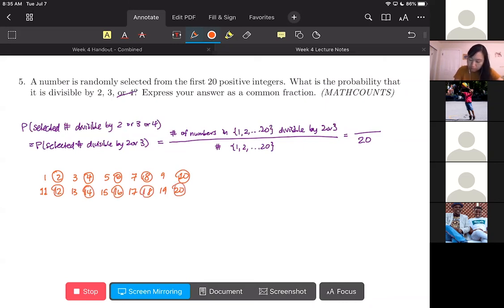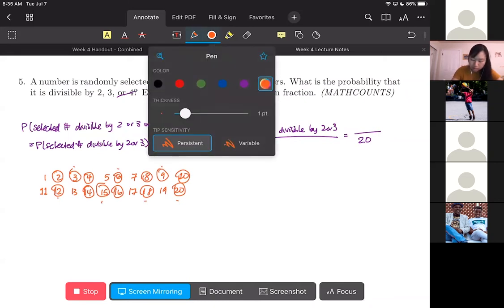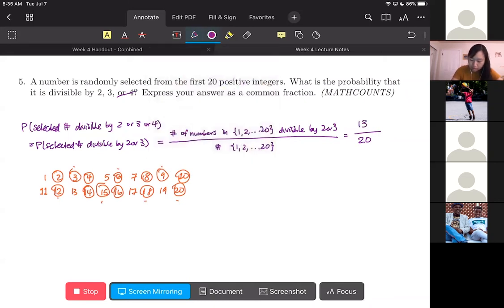Then we can circle the ones that are divisible by 3. So that's 3, 6, 9, 12, 15, and 18. So then if we count how many are circled, that's 2, 4, 6, 8, 10, 12, 13. Right, so then we can fill this in as 13 over 20.